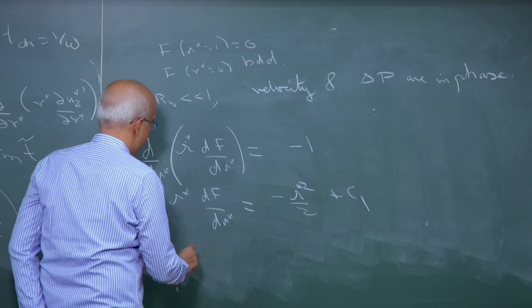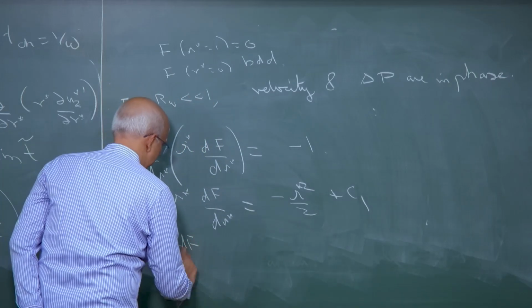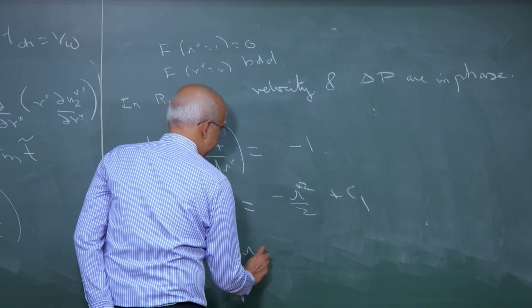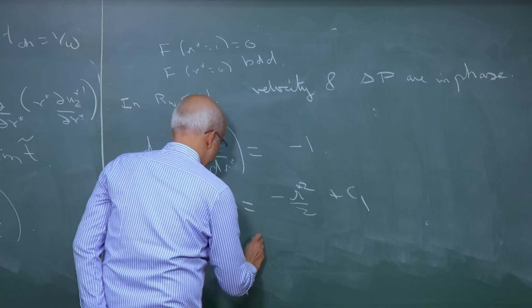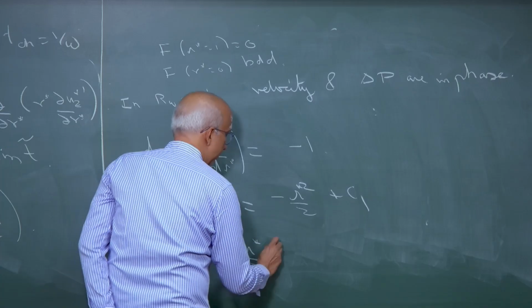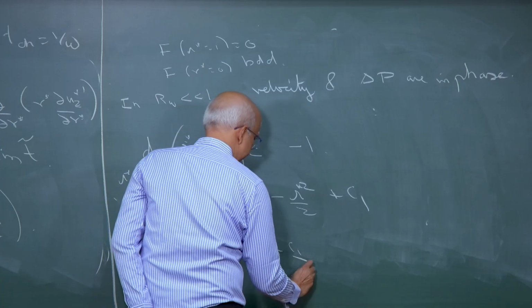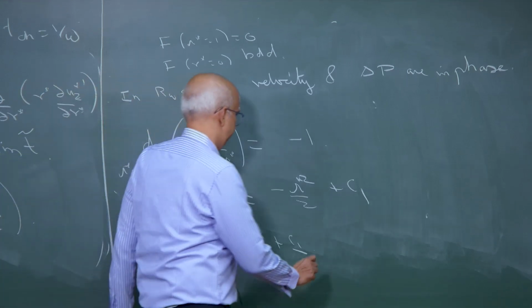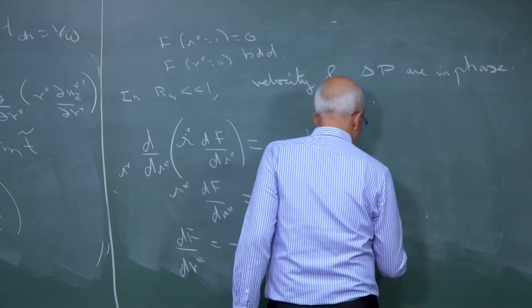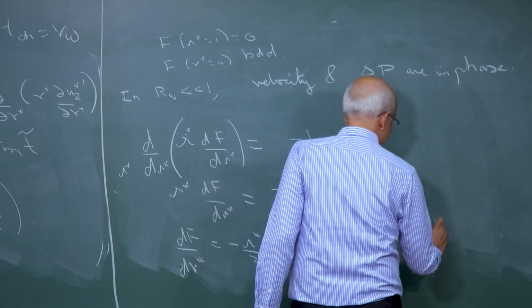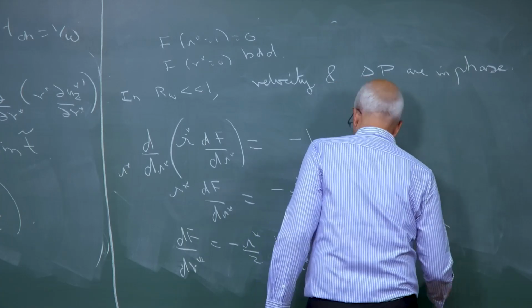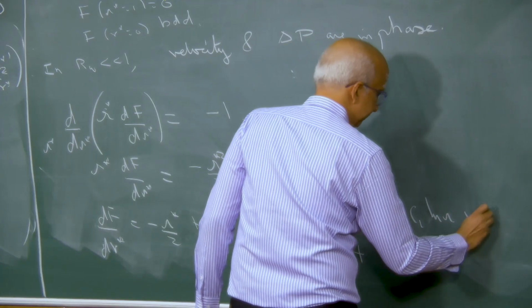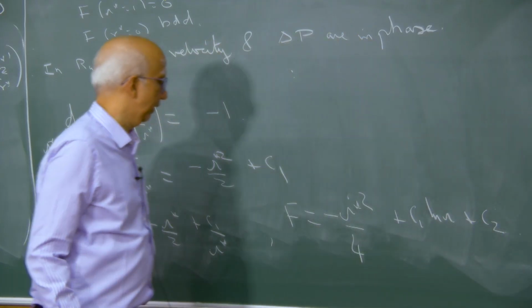Bring this r star below, you get df by dr star equals minus r star by 2 plus C1 by r star. Integrate this one more time, you get f equals minus r star squared by 4 plus C1 log r plus C2. This is the f.